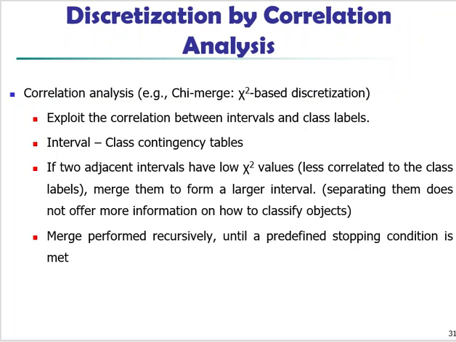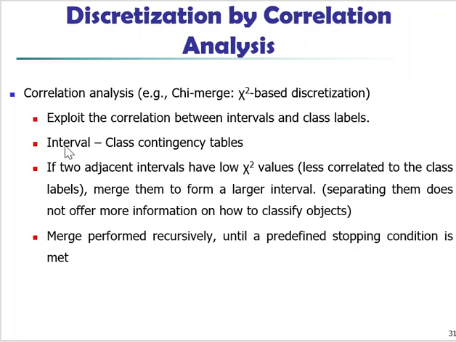So as we said, the basic idea is to use correlation analysis, specifically the chi-square analysis, to explore the correlation between the intervals and the class labels. Throughout the analysis, many interval-class contingency tables will be generated and tested.